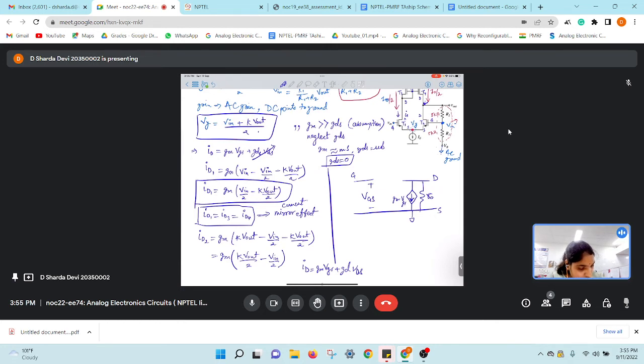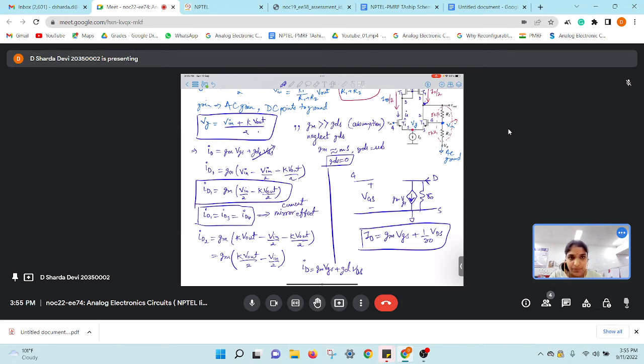What is the direction of current? The equation you write for ID, how do you write it? You simply write it from here: GM VGS plus 1 by r naught VDS. This is how we write the equation. If you clearly observe, the flow of current is from drain to source.